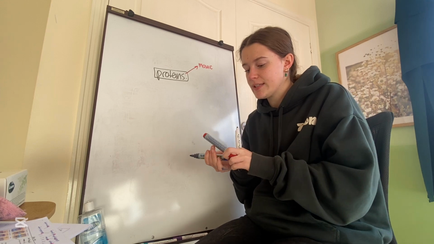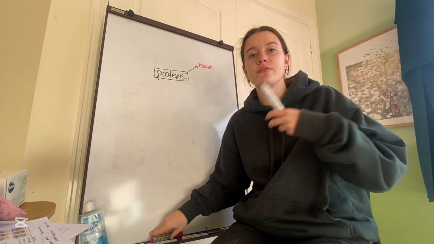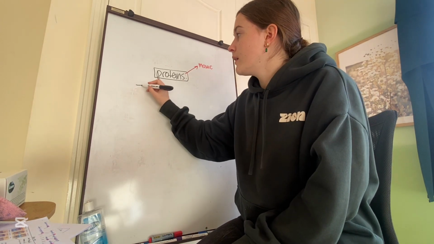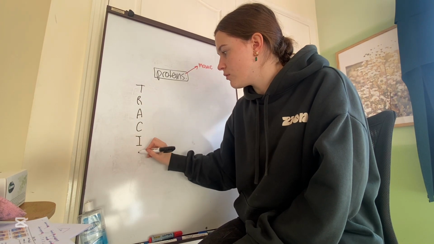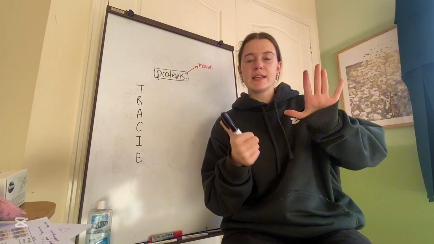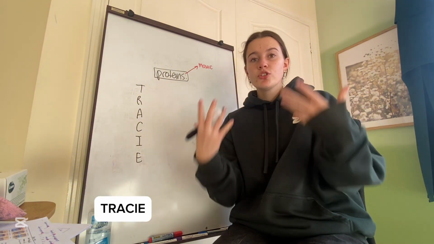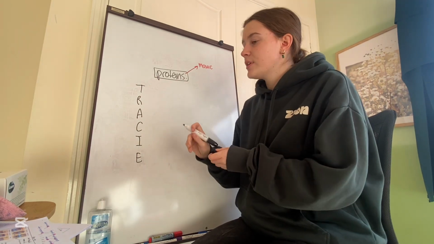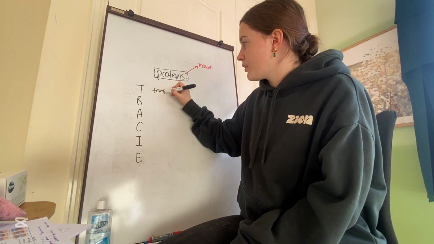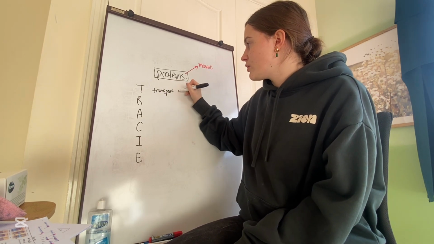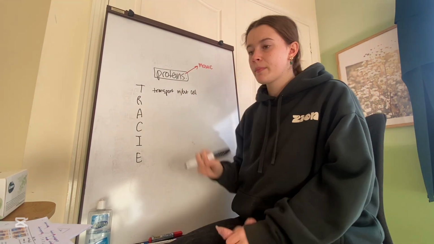Now, different proteins have different functions, and I'm not sure if you guys remember, but there was a very helpful acronym to help me remember what the 6 key functions of a protein were, and that is TRACY. So, TRACY. T. Proteins are really important for transporting materials or minerals in and out of the cell. R.